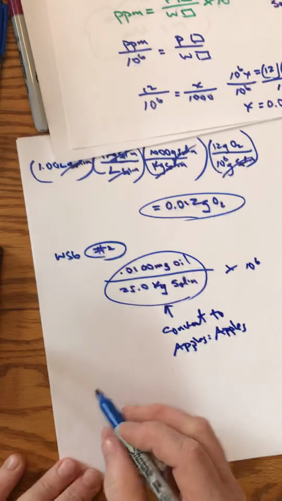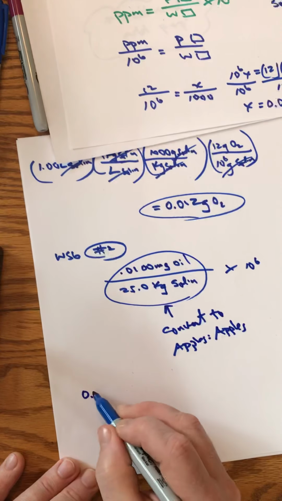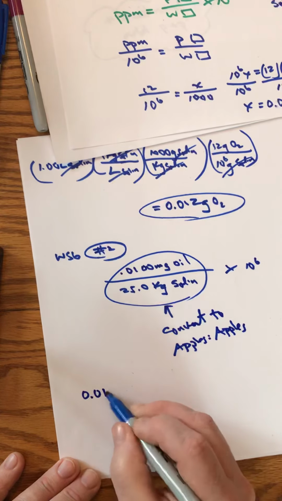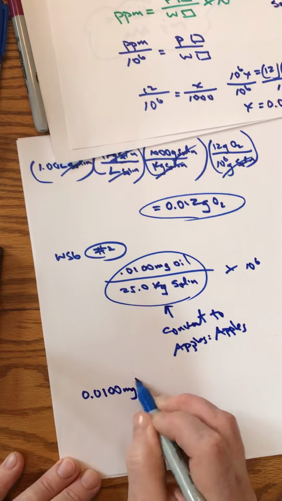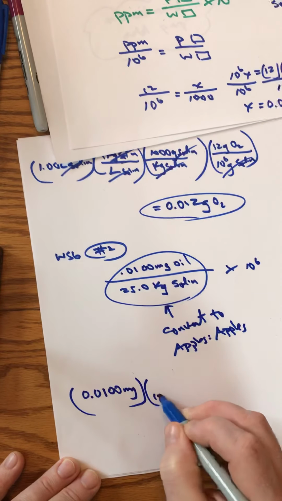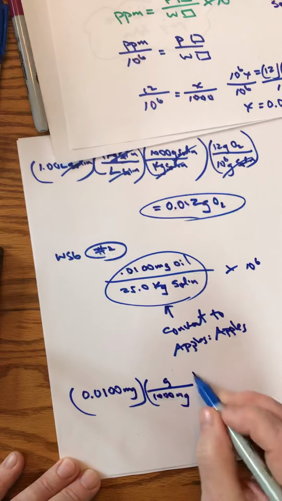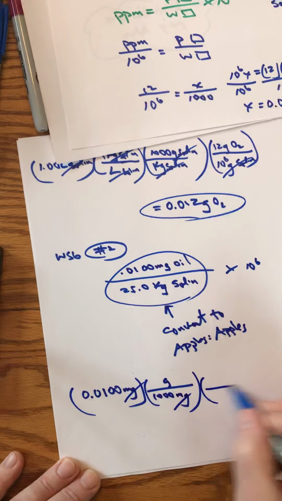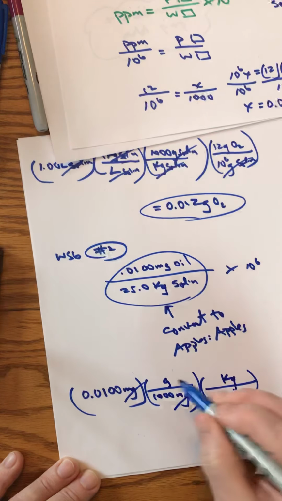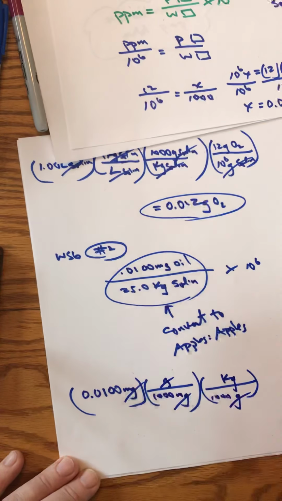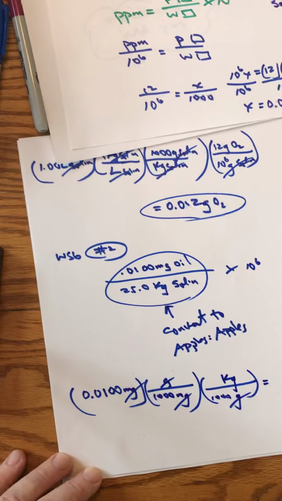So if I have 0.0100 milligrams, there are 1,000 milligrams in a gram. There are 1,000 grams in a kilogram. I would have kilograms over kilograms.